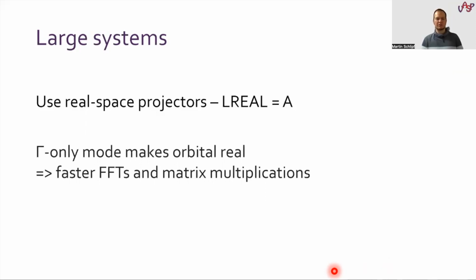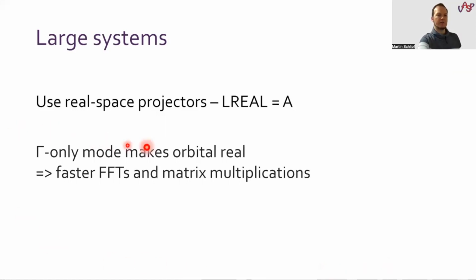The advantage here is that we do an FFT to real space, and then we can do these projections in the PW spheres in a smaller space. So it's one order less in the system size. Essentially it's an element-wise multiplication instead of a matrix multiplication, and this makes it faster.